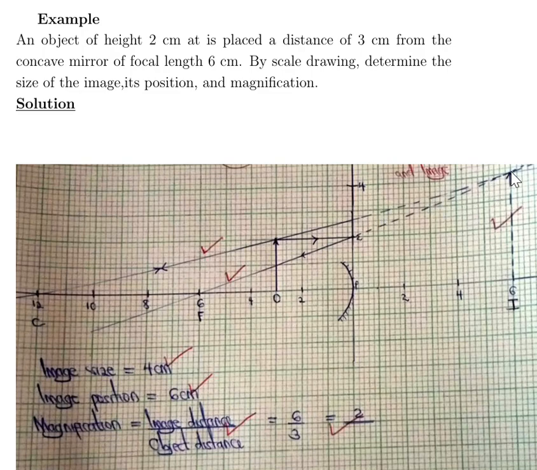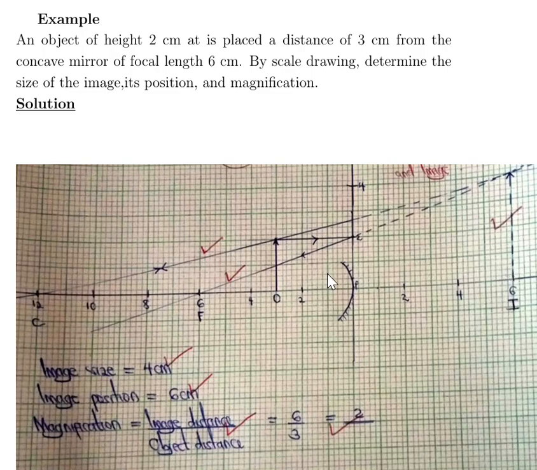But as it is coming back after striking the reflecting surface of this mirror, it is going to appear as if it is coming from behind the mirror. Where we have the point of intersection of these rays, that is where we are going to form our image, and therefore we shall position it at that point there. We shall be interested in finding this distance behind the mirror. That is where our image is going to be.